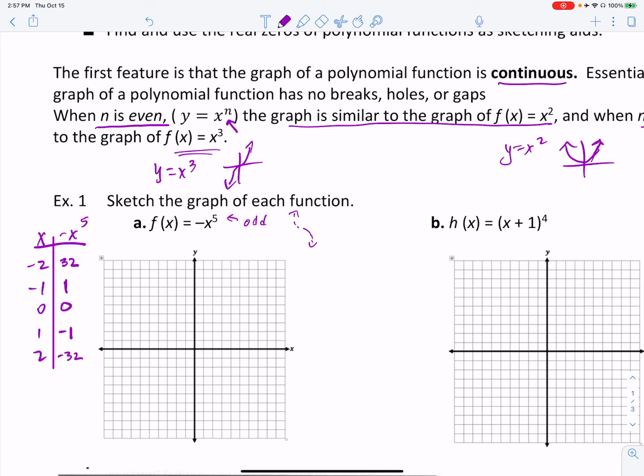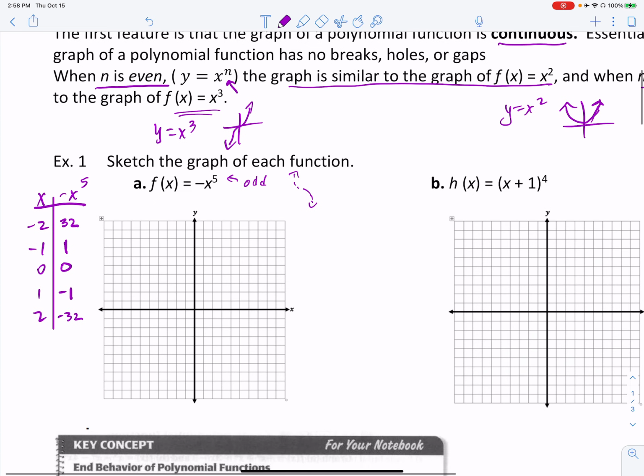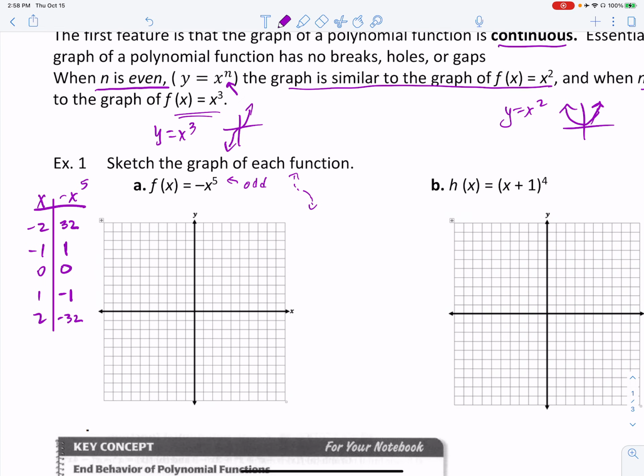Now, my graph doesn't go up to 32. It's just going up to 10. I could scale it down and go by 2s on the y-axis, but I'm still not going to quite hit 32. I could go by 3s.